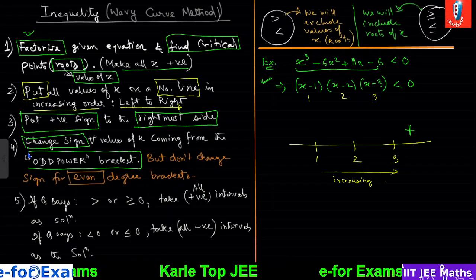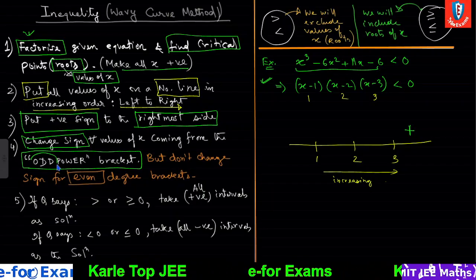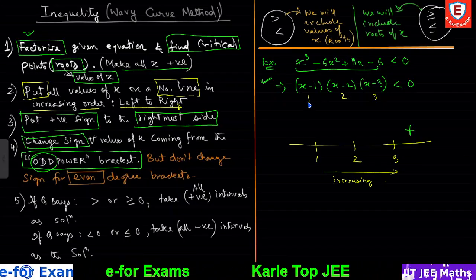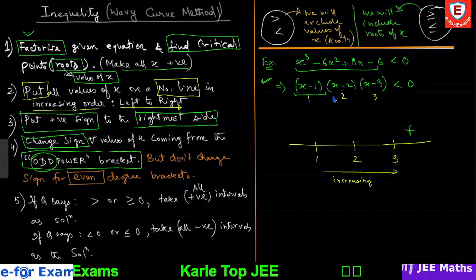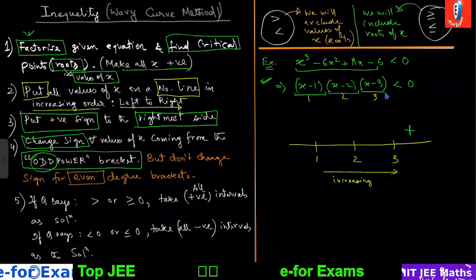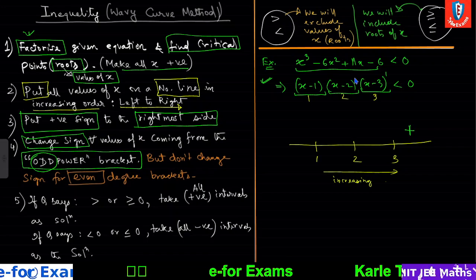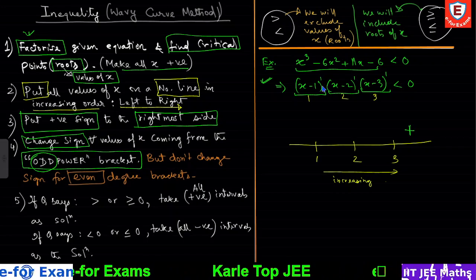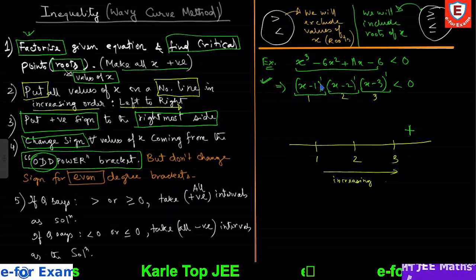Odd and even, you know. By bracket we mean this one: bracket number 1, bracket number 2, bracket number 3. The power is 1; we don't write 1, so we see nothing there. So 1 is odd here.